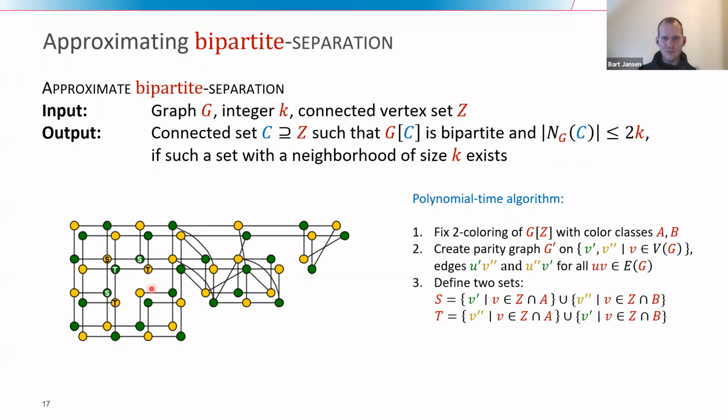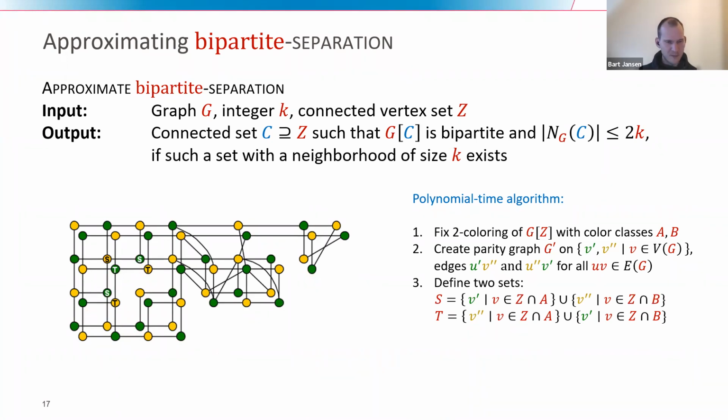And there is an exact definition written on the slide, but intuitively, what you can say is we start by putting one vertex in the set T. And if you walk through the bipartite graph, then every time you take a step in the bipartite graph, the parity switches. So we let T consist of what you can reach from this bipartite graph when switching parity with one go, and S consists of all the parity twins of the vertex set.